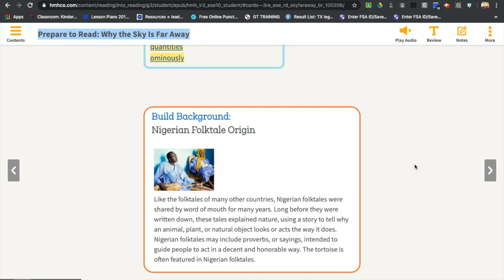Long before they were written down, these tales explained nature, using a story to tell why an animal, plant, or natural object looks or acts the way it does. Nigerian folktales may include proverbs or sayings intended to guide people to act in a decent or honorable way. The tortoise is often featured in Nigerian folktales.